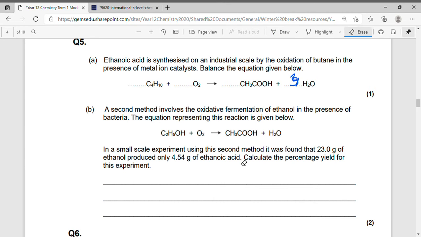Let's try 6. 6, 3. That makes 12H here, and 4H here.